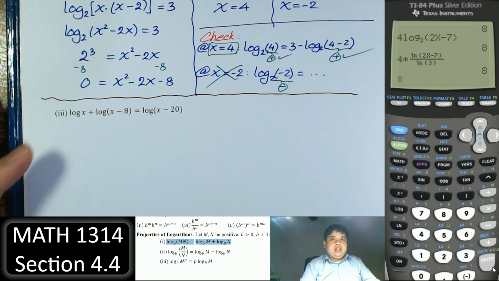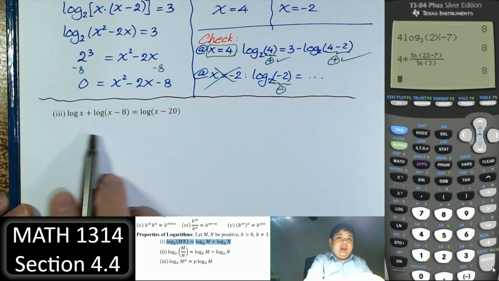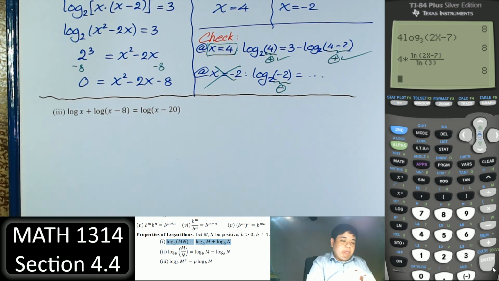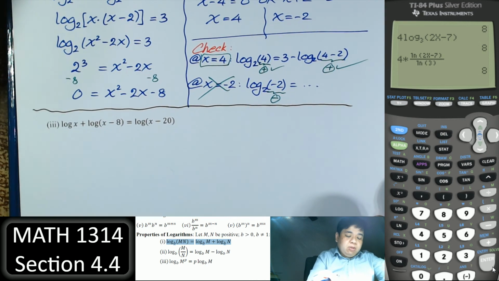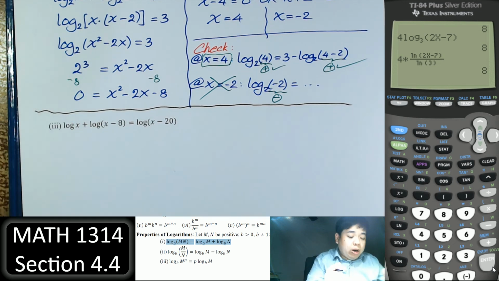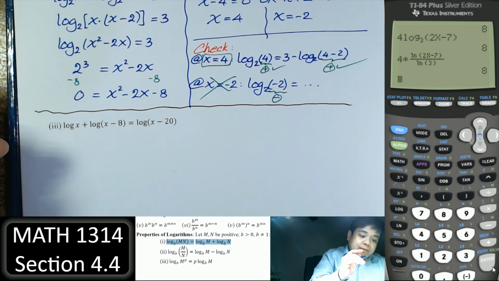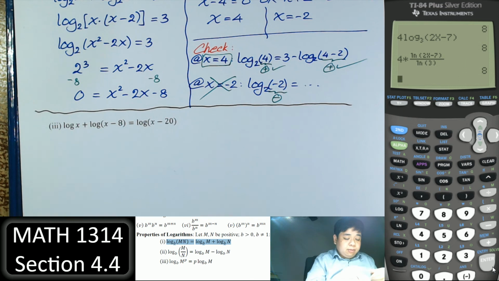The next equation, we actually have logs everywhere. This is actually the previous type. I'm not going to solve for this. What I just want to show you is that for this equation we can use either way. Okay, first the log without the base, that's a common log, base 10, right?